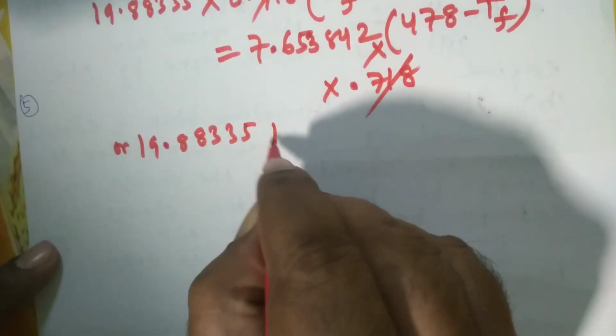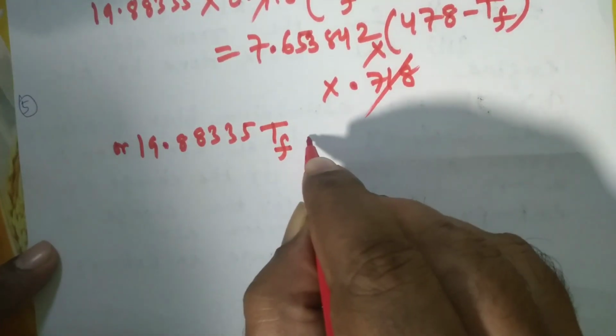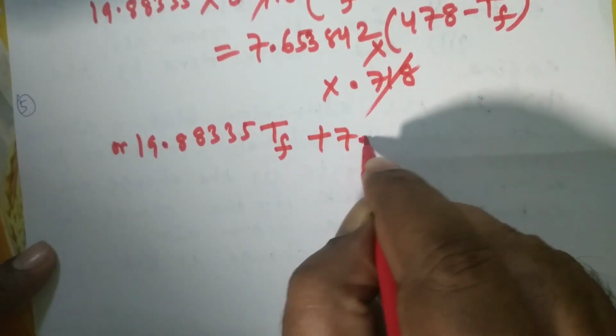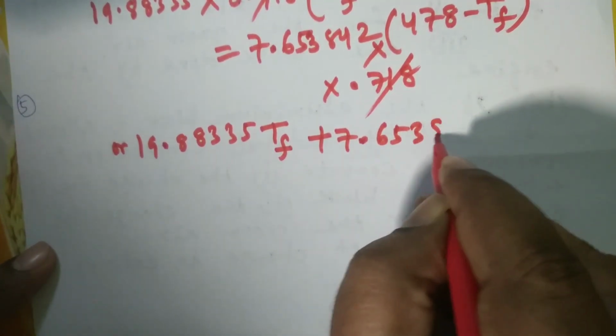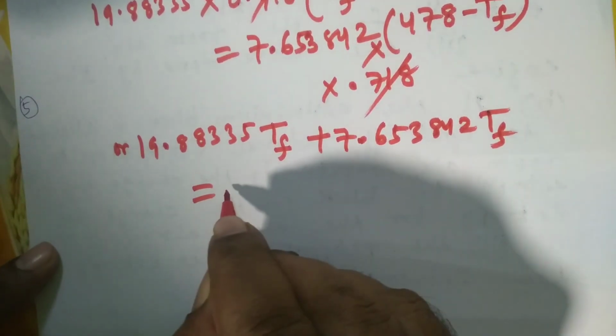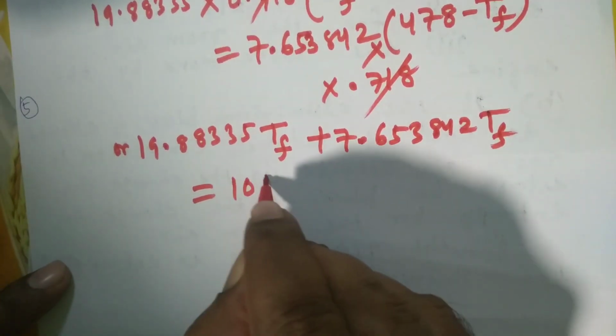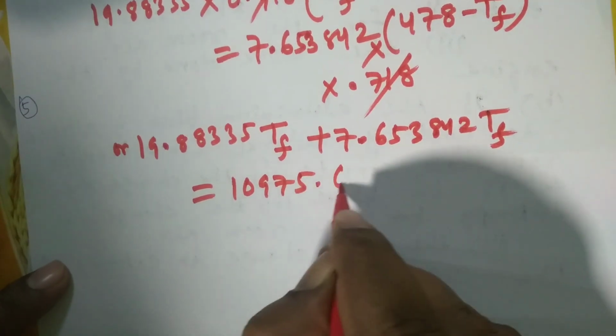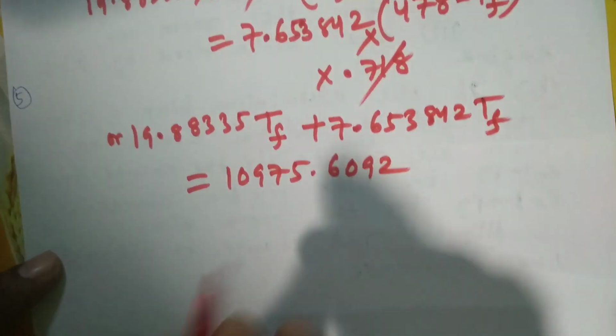19.88335 TF plus 7.653842 TF is equal to 10975.6092.